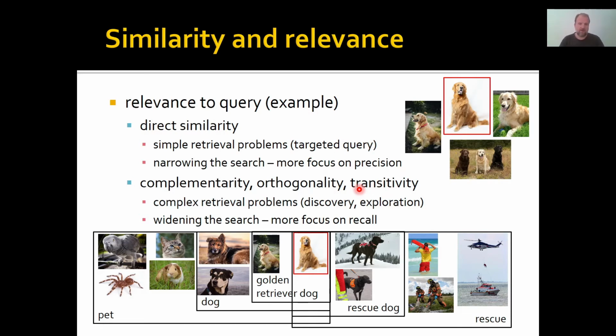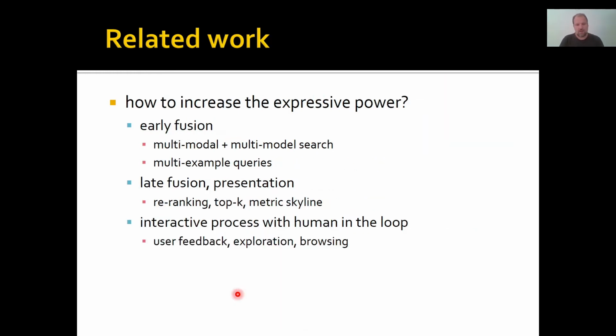Of course, all of these results could be retrieved somehow, even today, with some tools. We have different options to increase the expressive power of search that goes beyond the direct similarity search. The first we can use is early fusion techniques, to combine multiple descriptors of objects to implement some multimodal search.